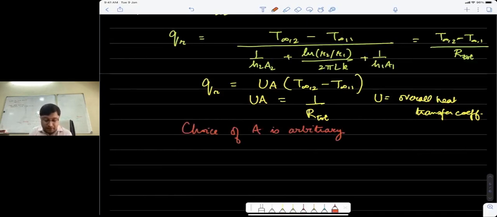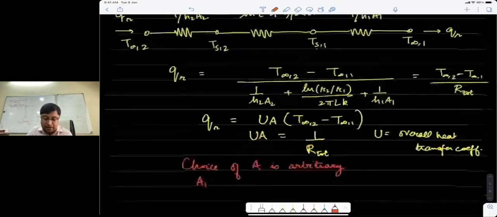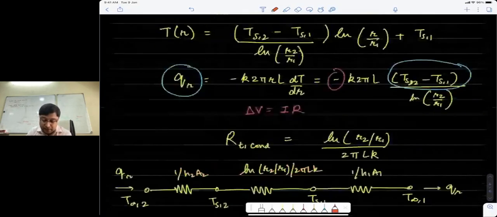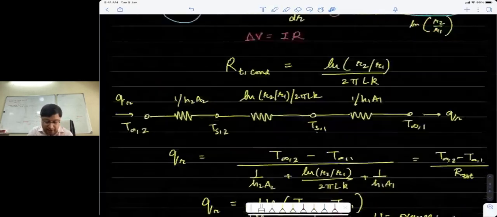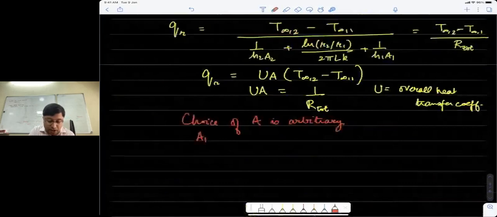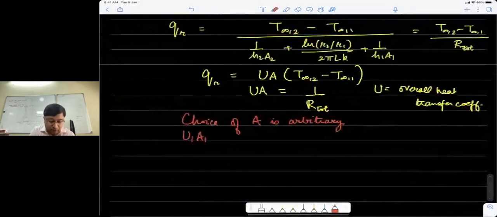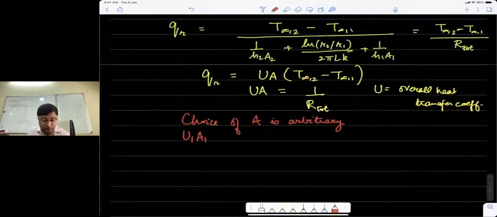So for instance, if I was to choose A1, which is the surface area of the inner cylinder only, I could then write that A is A1, and correspondingly I will say U1, which is the overall heat transfer coefficient associated with the choice of area A1.